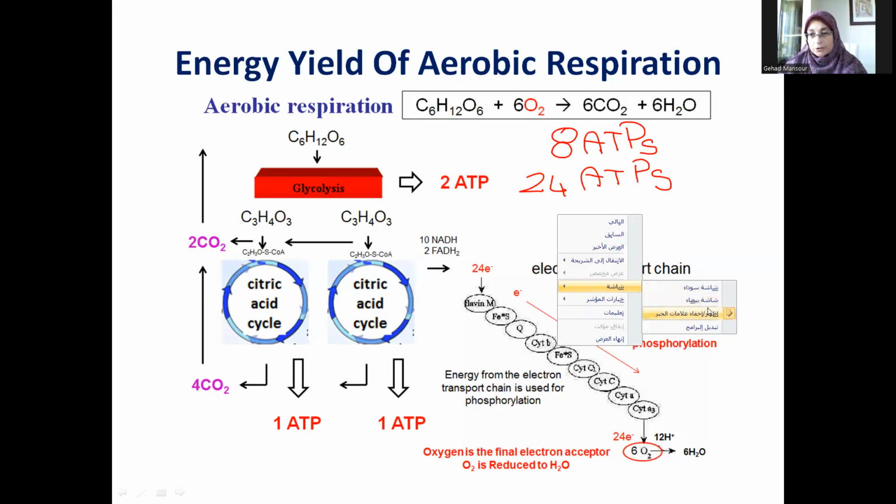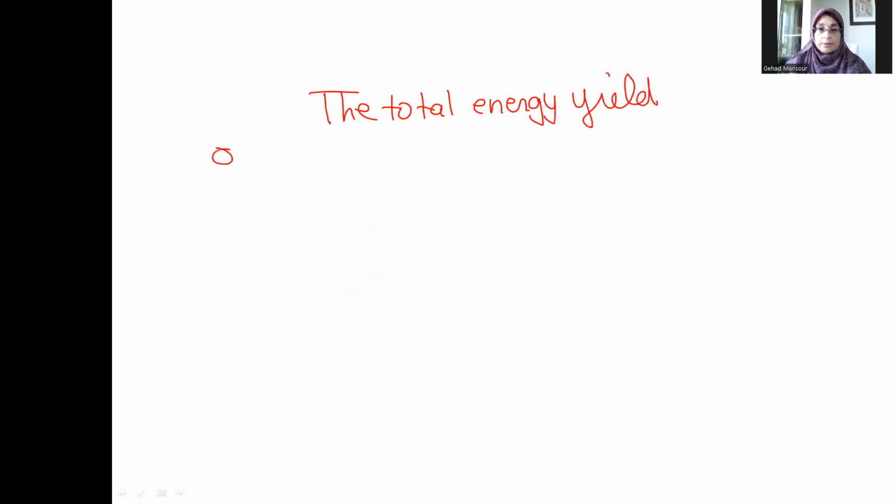Let me do the calculations on a separate screen. So here the total energy yield of aerobic respiration, or aerobic breakdown of one molecule of glucose.